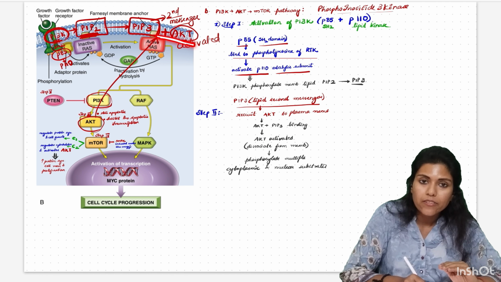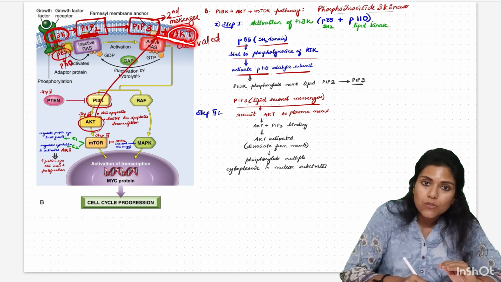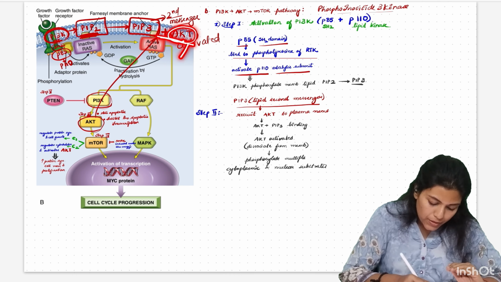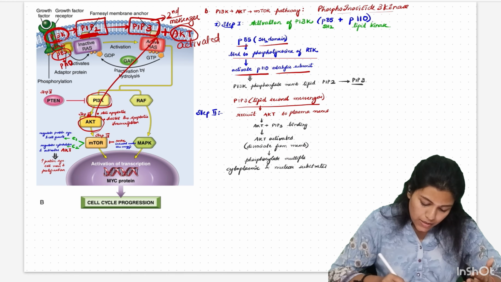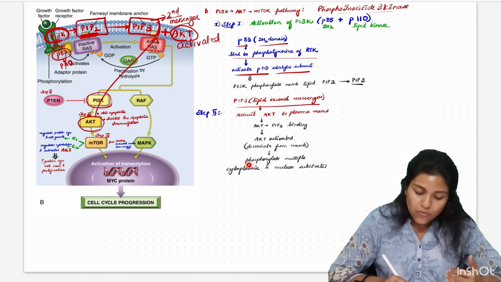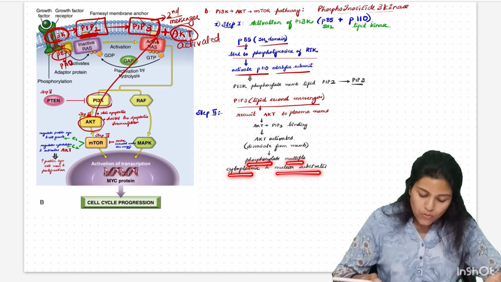All these reactions are happening at the membrane level. Activated AKT will detach from the membrane and come inside the cell. In the interior of the cell, it will phosphorylate multiple cytoplasmic and nuclear substrates.